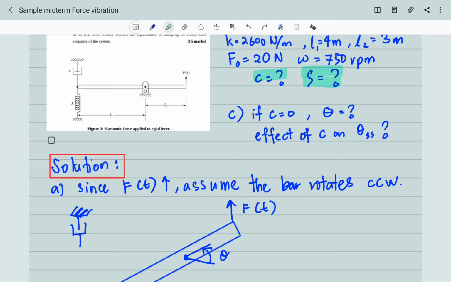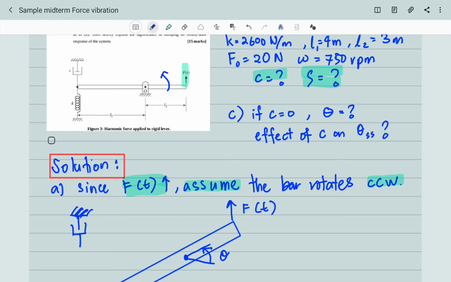If you remember, the first step of drawing your free body diagram is to assume the direction of motion. In this case, we assume counterclockwise because you can see that your force is going upwards. You can imagine that this bar is going to go upwards as well, so the bar will go like that. That's why we choose counterclockwise, so that in your EOM you get positive.